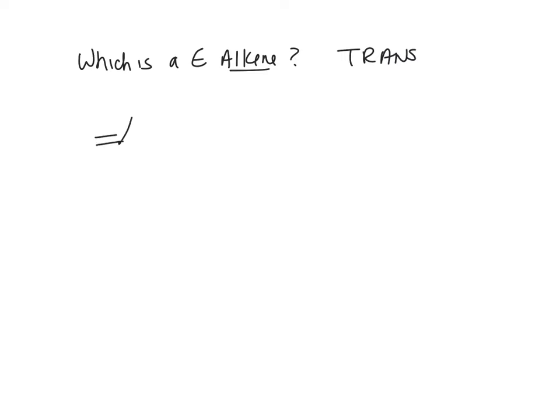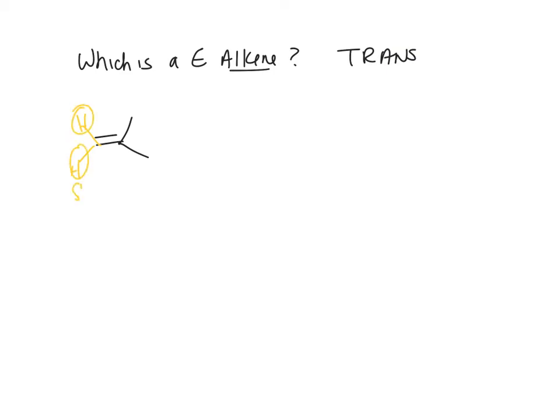Your question here is about cis and trans alkene, which is an E-alkene. Well, what's an E-alkene? E is trans. And so we see this molecule here, and this has a hydrogen and a hydrogen.